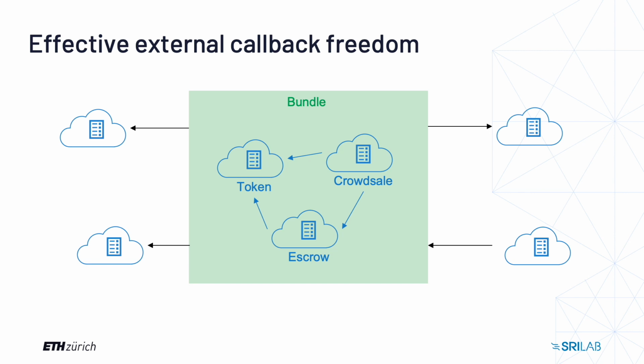This condition permits callbacks between the contracts of a bundle, but allows the user to consider no external callbacks. Under this condition, the specifications are much smaller and easier to write. The specification process is faster and more intuitive. In addition, the effective external callback freedom condition is satisfied by most real-world Ethereum applications.